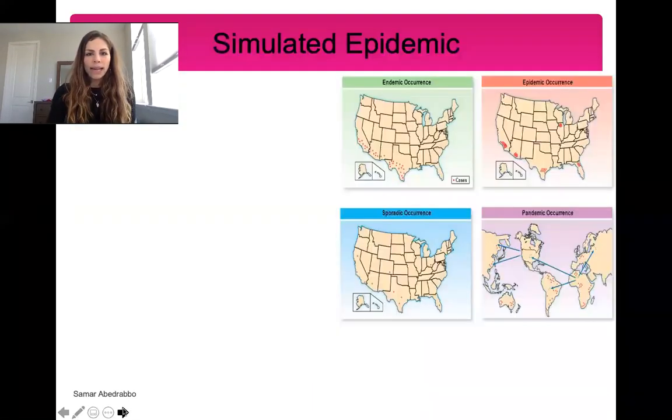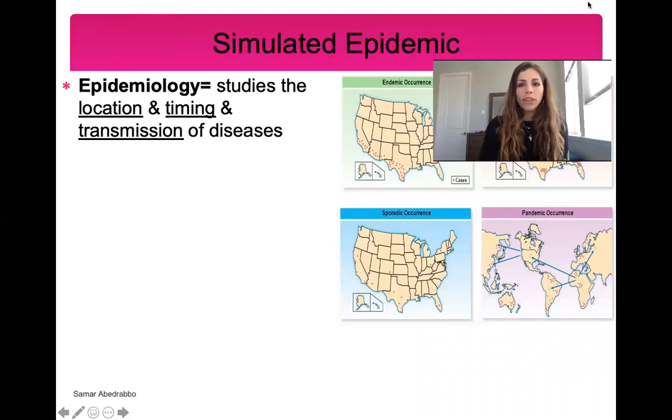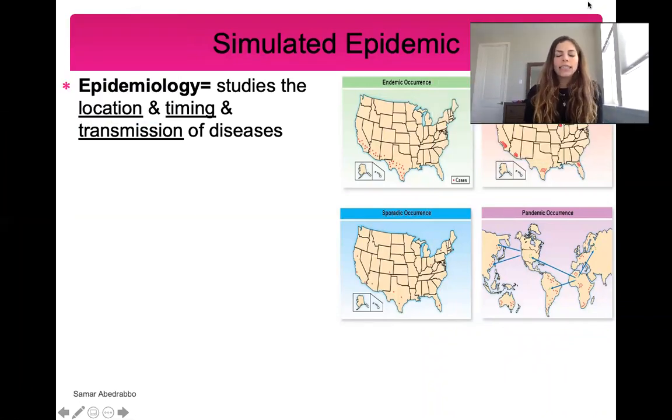To give some background, epidemiology is the field of science that studies the location, timing, and transmission of disease. If we think about the coronavirus situation, epidemiologists saw that there was a disease outbreak, so they look at how it's being transmitted.